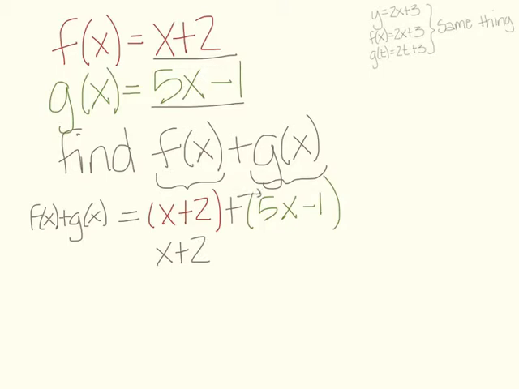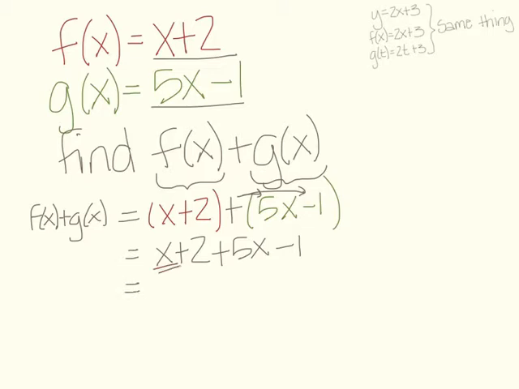Here, though, I'm distributing a positive. When we distribute a positive, it does not really change anything because a positive times a positive x is still positive x, whether it's a 5x or a 7x or a 10x, whatever. A positive times a negative 1 will give me a negative 1, so that negative sign stays intact. So now let's just combine like terms.